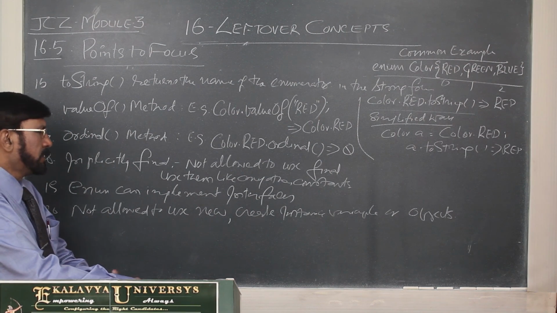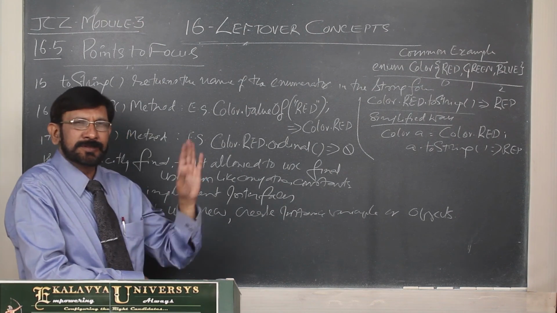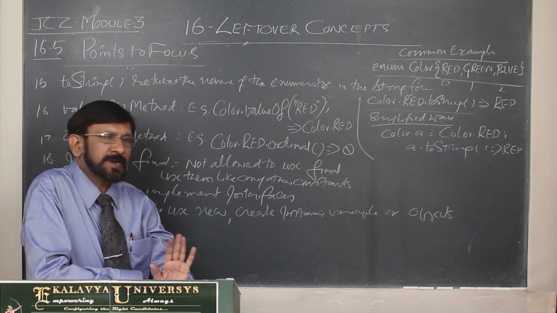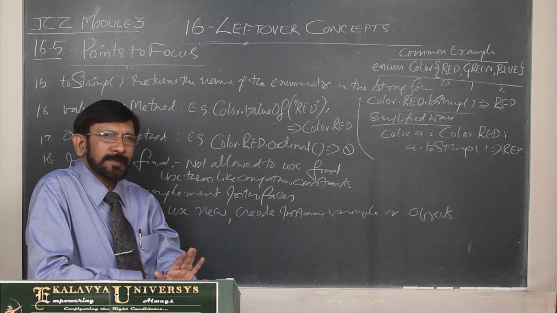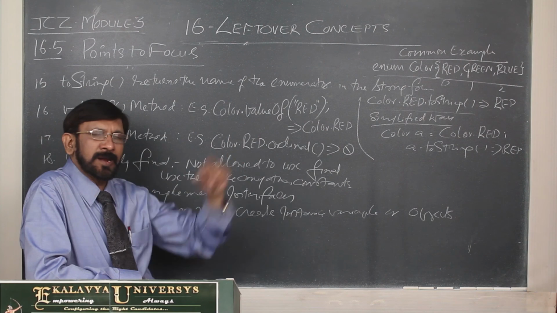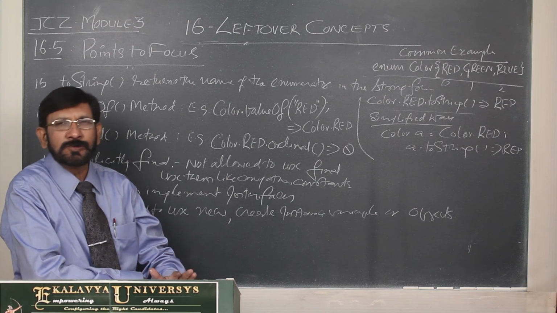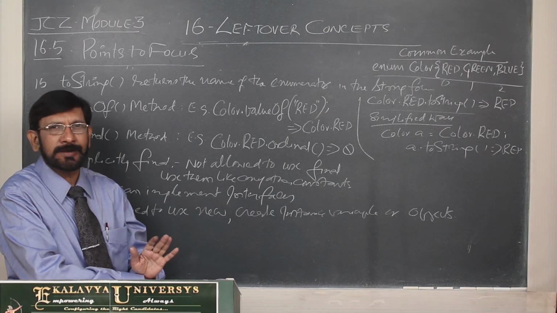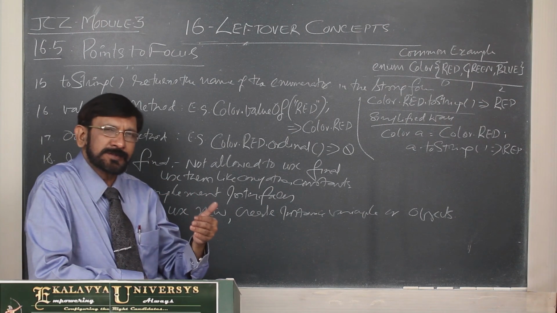Next, an enum represents static constants. Here in enums you can use features like classes, but what you cannot do is create instance variables. Why do you create instance variables?